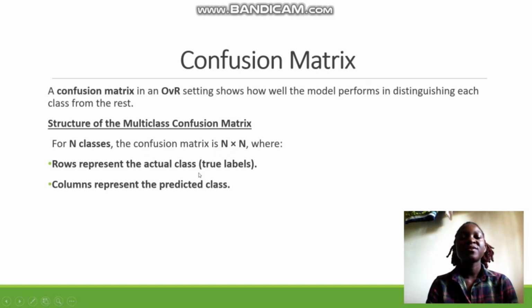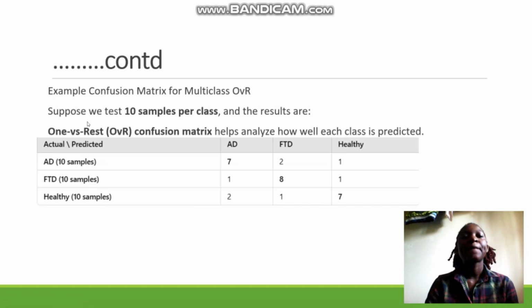The rows represent the actual class, and the columns represent the predicted class. Suppose we have 10 samples per class.